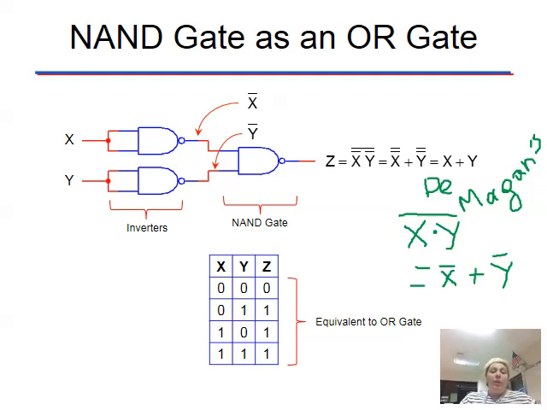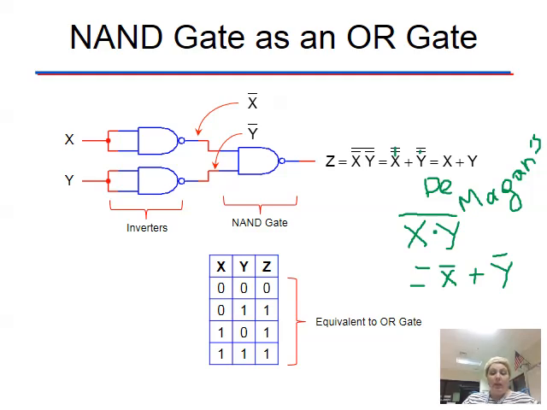So we're going to do that exact application, except in the end, we want our X and Y to not have that line on the top. That means I actually have to start with inverted X and Y, because if I start with inverted X and Y, when I break the line and change the sign, the lines cancel out, and I will end up with X and Y. So what is really an AND gate?